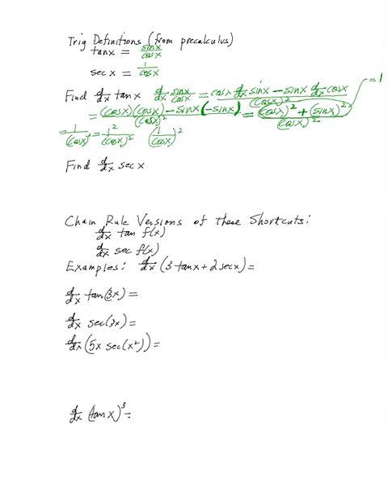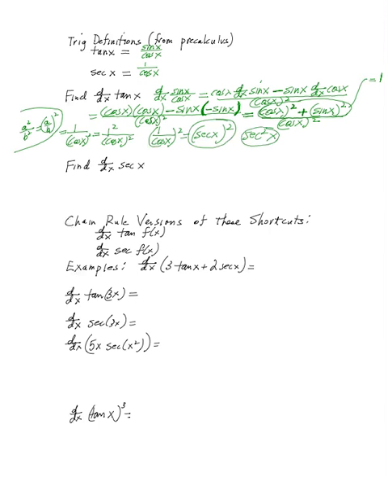Recall that a over b quantity squared is a squared over b squared. That's what I'm using. Okay, but 1 over cosine x is secant x. This is sometimes written like this. Realize that these two things, secant x quantity squared and secant squared x, are just two ways of writing the same thing. So now I have my derivative shortcut.